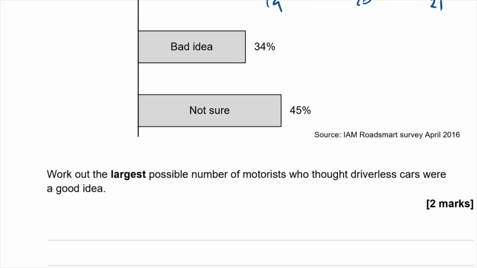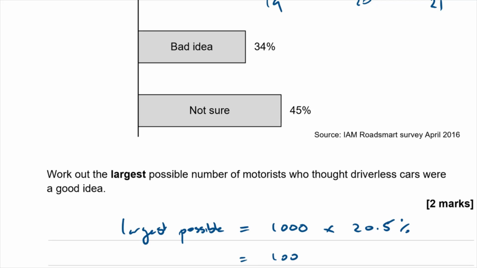So largest possible is going to be 1,000 times by 20.5%, which is 1,000 as a multiplier. That's 0.205, isn't it?